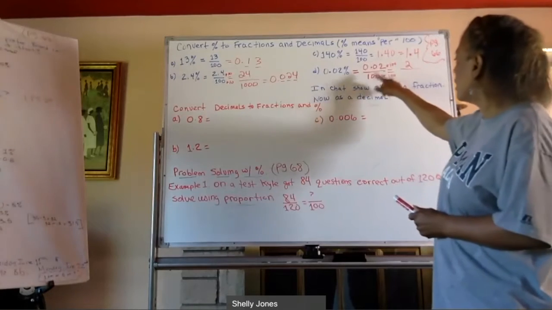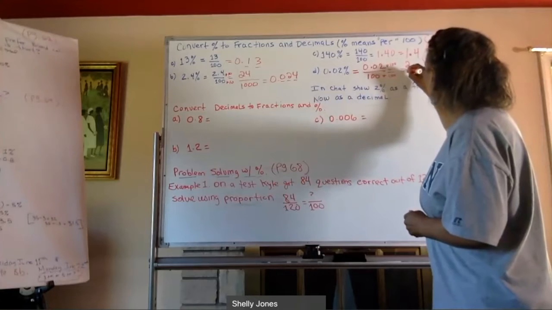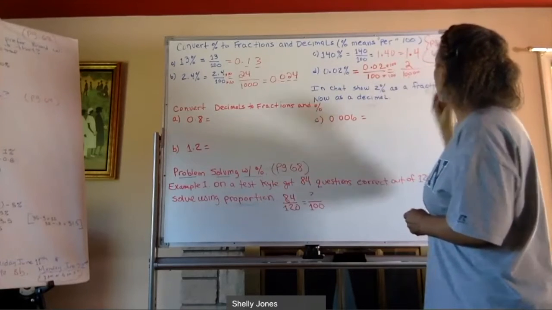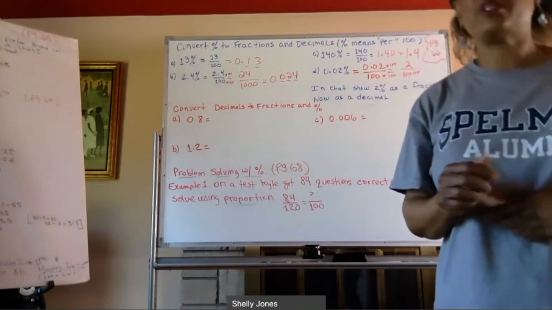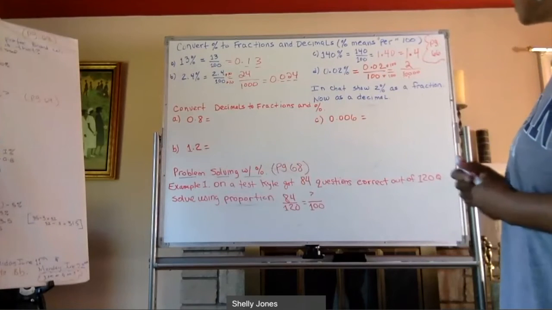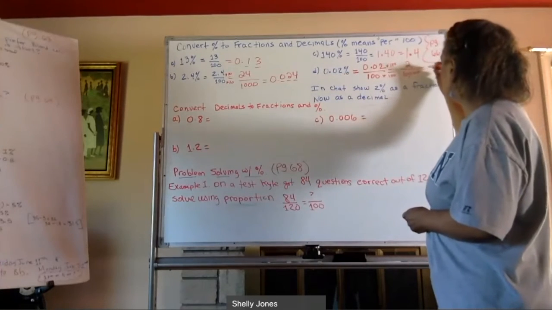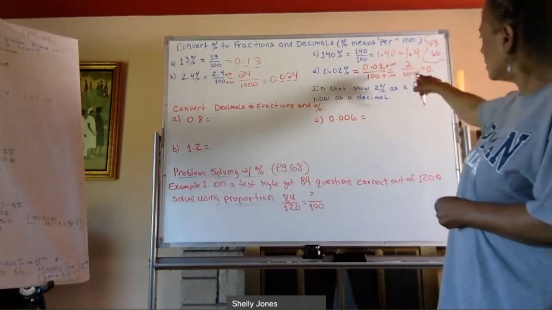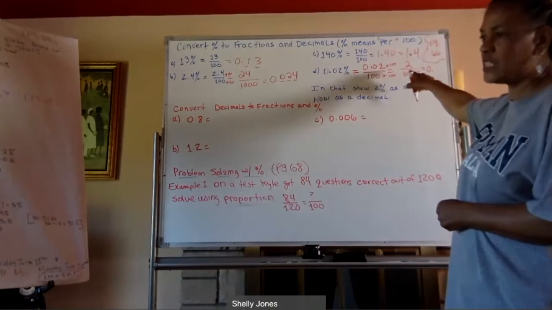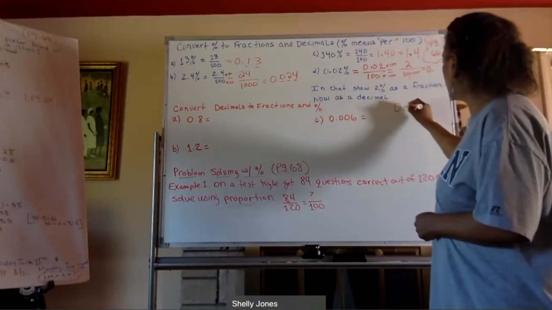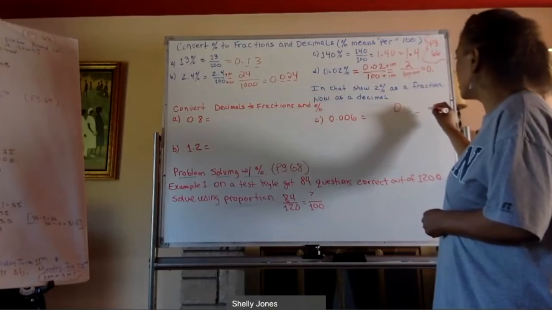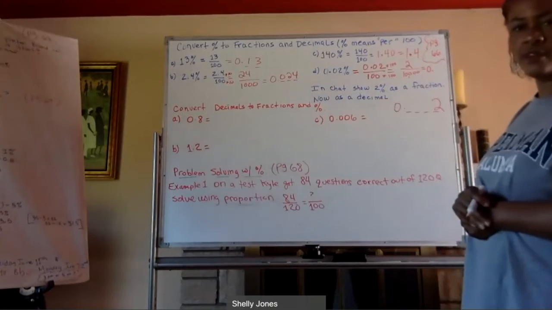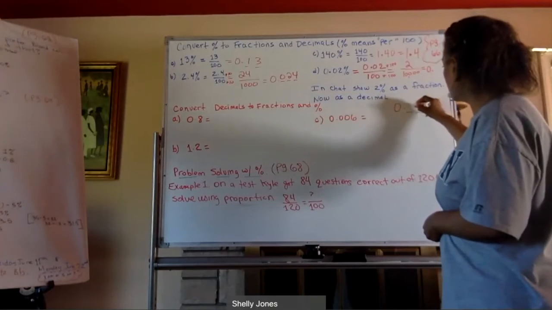If I multiply 100 times 100, I have 10,000. So if I were to write this just as a decimal, I will have 2 ten-thousandths: tenths, hundredths, thousandths, ten-thousandths. So my 2 would go here, and I would need all of these zeros.